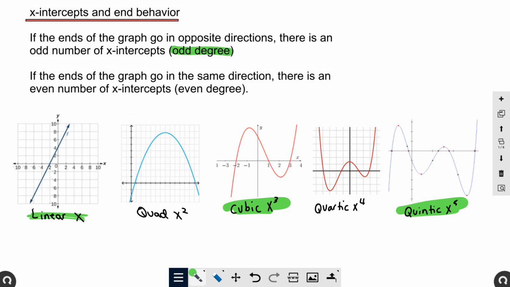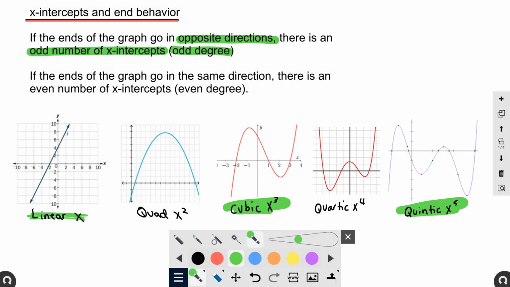And those odd degrees go in opposite directions, and they have an odd number of x-intercepts. Here we can see 1 x-intercept. Here we see 3, and over here we see 5 times that it crosses the x-axis.